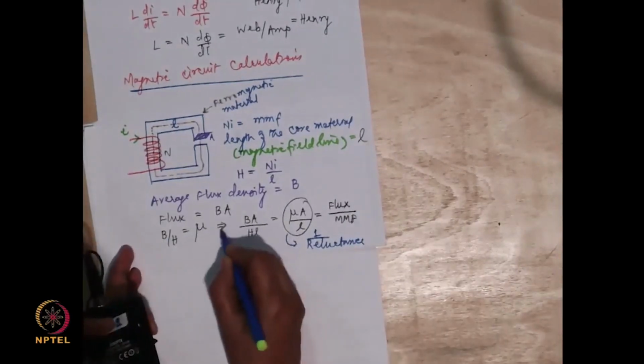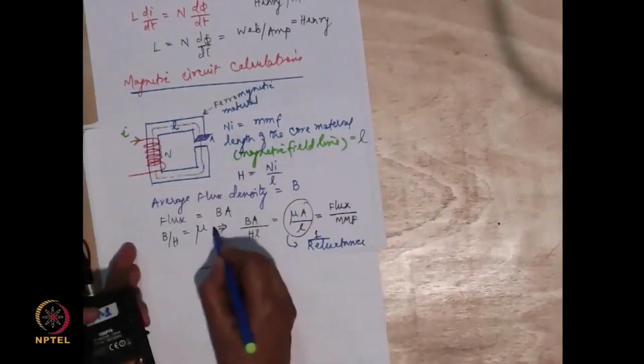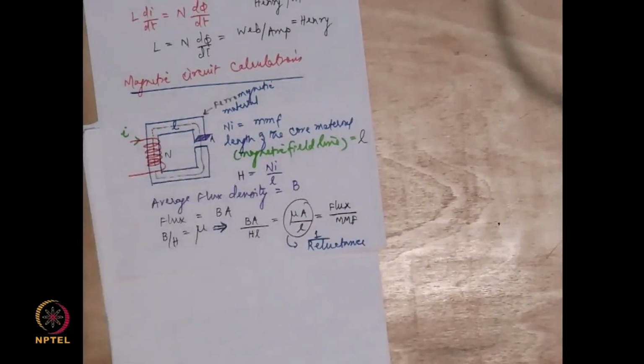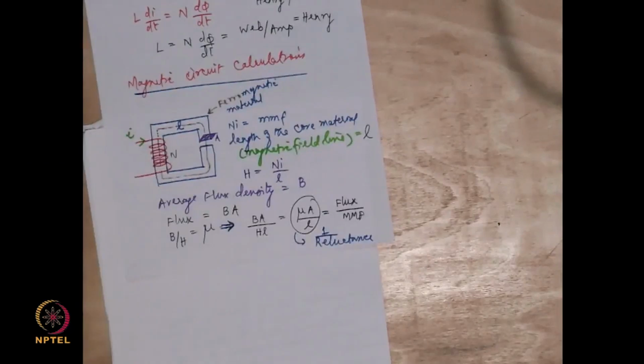So from here I am writing this. I should have put just an arrow. I am not writing equal. I am sorry. I am just multiplying mu by A and H by L, and I am writing B multiplied by A is flux and H multiplied by L is MMF. Got it? Okay? I am sorry about that. I should have definitely put an arrow rather than writing equal to.